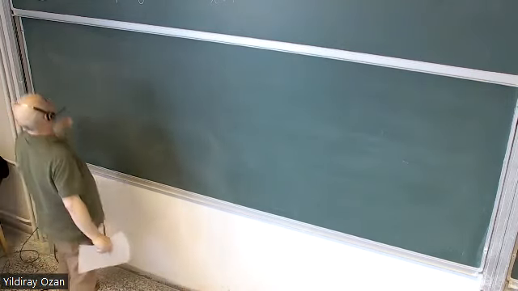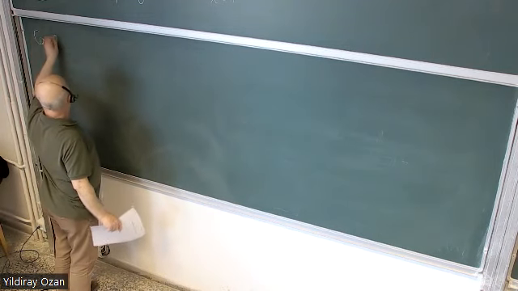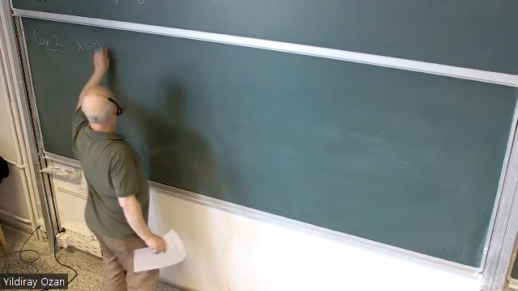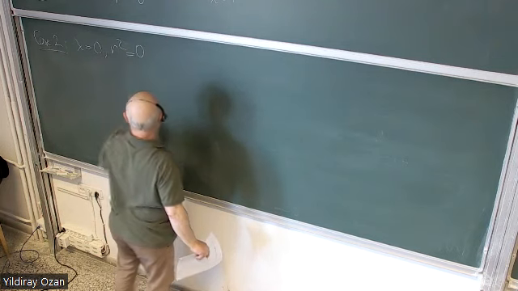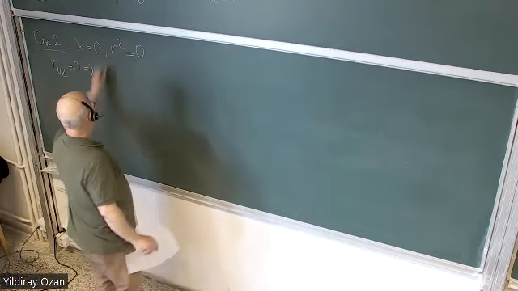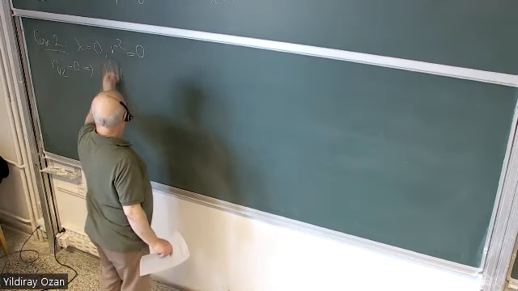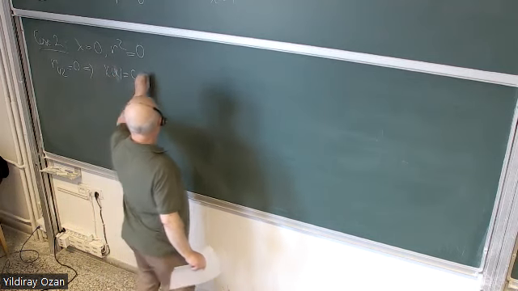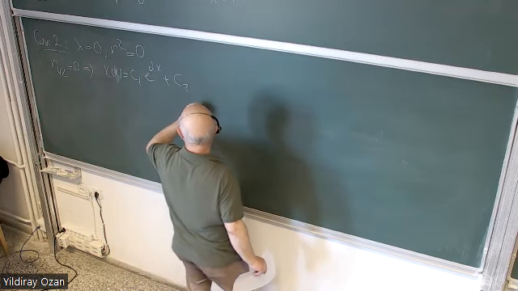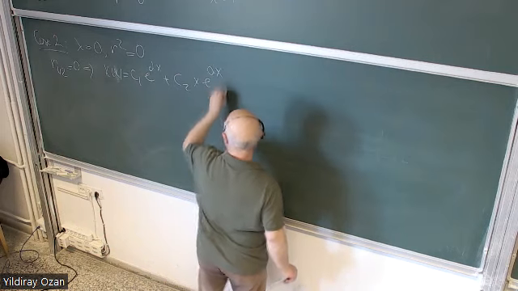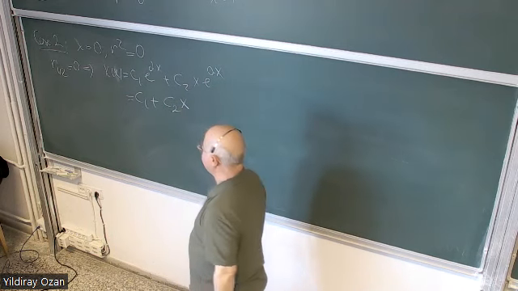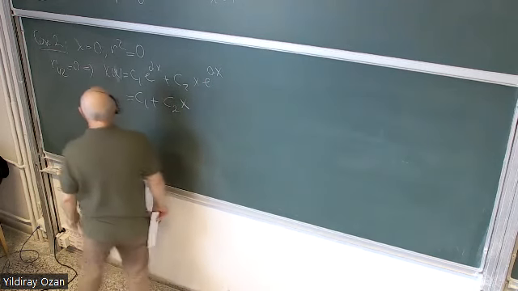Case 2, lambda is 0. In that case, we have the characteristic equation r squared is 0. So r1 and r2 are both 0. So we have X of x is just c1 e to the power 0x plus c2 x times e to the power 0x. So we get just c1 plus c2x, right? What about the conditions?